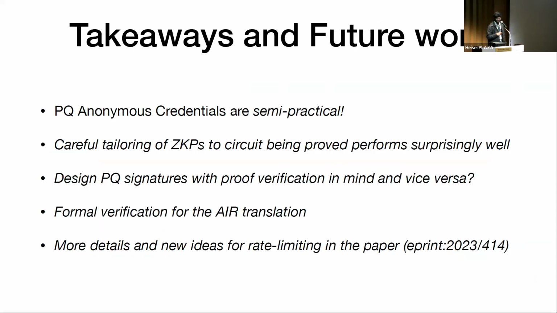So, takeaways and future work. This is something that I want to spend a little bit of time on, because with the migration to post-quantum, I hope more people start looking at these things. First, post-quantum anonymous credentials are now semi-practical because we were just able to throw a proof at it, essentially. The second point is that carefully tailoring your zero-knowledge proofs to the circuit that you're trying to prove can perform surprisingly well.